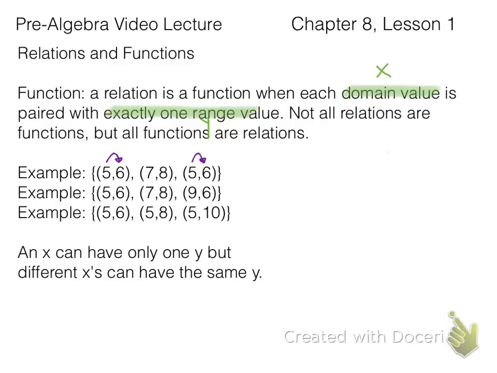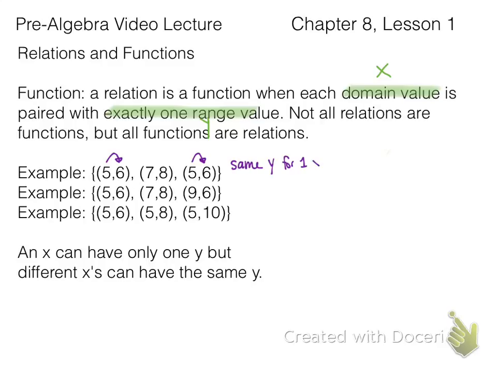As far as we know, 5 goes with 6, 7 goes with 8, and 5 goes with 6. Since there's nothing else going on in this little world of this relation, we can only base whether we're going to call it a function or not a function based on what's in it. So since 5 goes with 6 every time, as far as we know for this little world, and every time 7 goes with 8, it is a function.